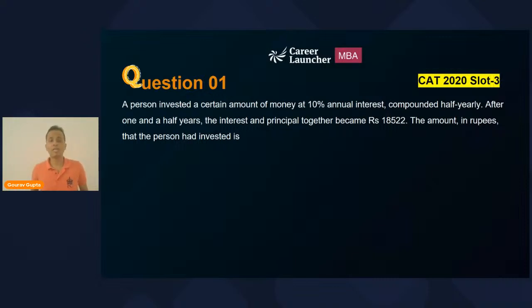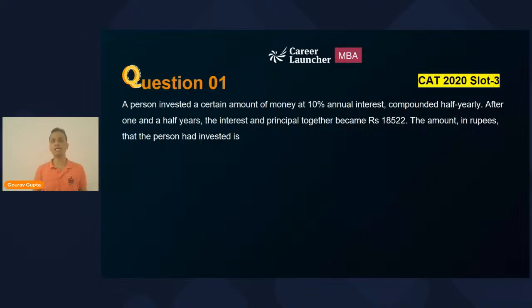After 1.5 years, the interest and the principal together. This is the language that CAT is using. They could have mentioned that the amount became 18,522, but they mentioned it separately: the interest and the principal together. What is interest and principal together? It is the amount only. So they are saying that interest and principal together became 18,522.